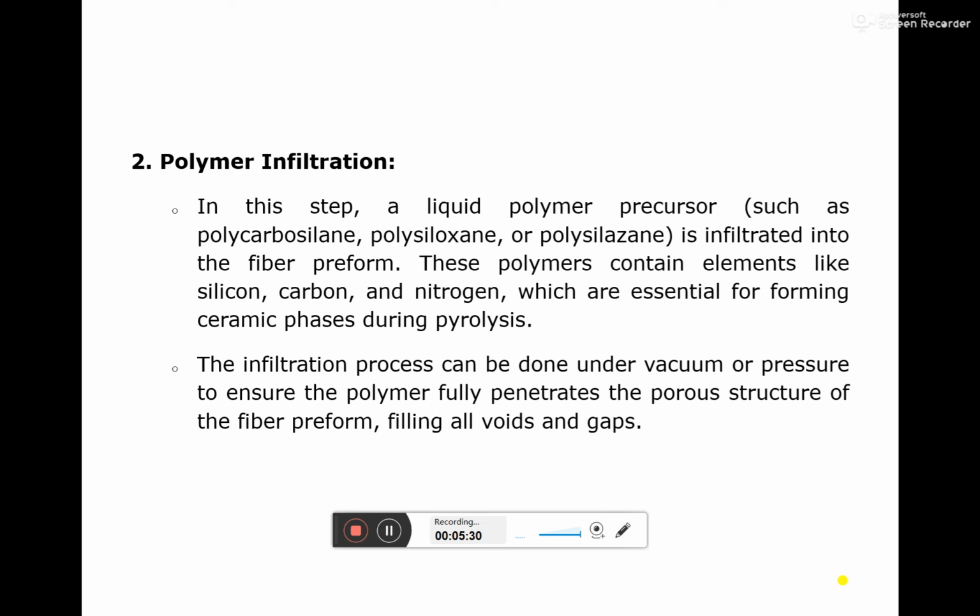The second step is polymer infiltration. In this step, a liquid polymer precursor is used. We already mentioned that we use different polymer precursors.